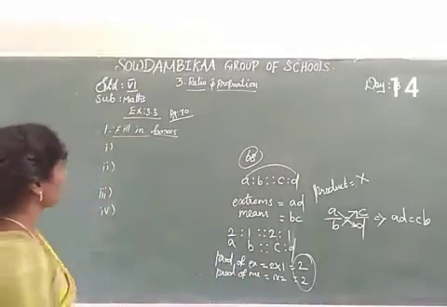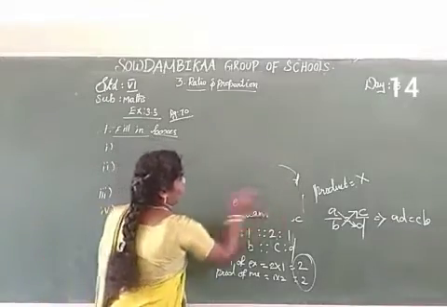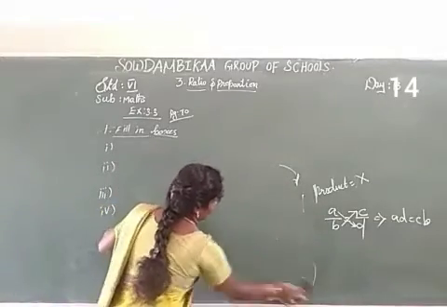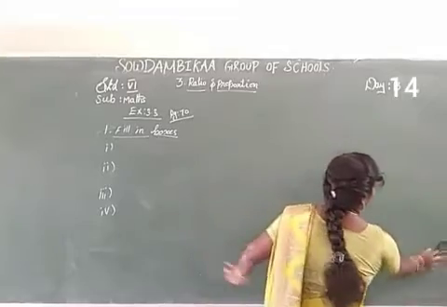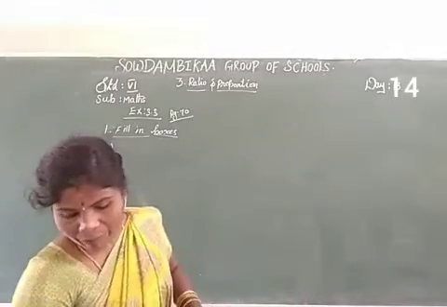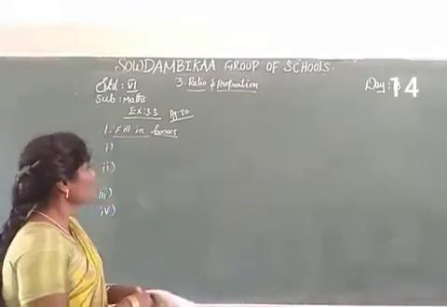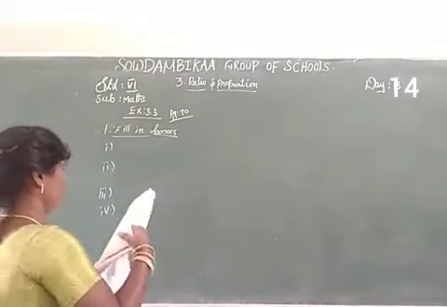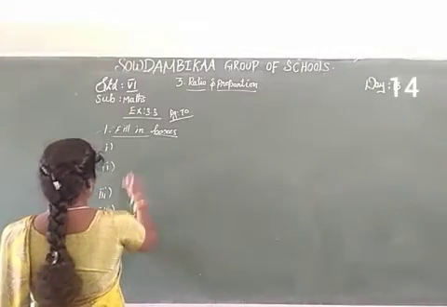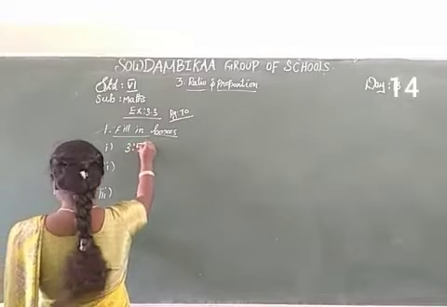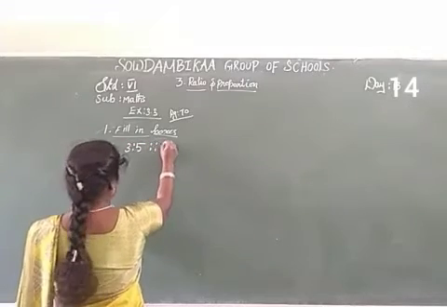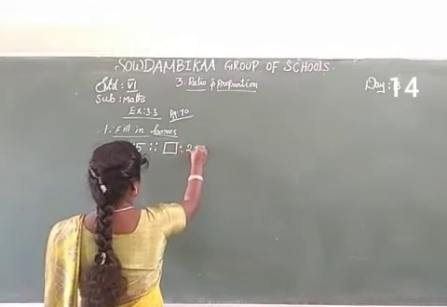Now go to exercise 3.3, page number 17. Fill in the box. 3 is to 5 is equal to dash is to 20.